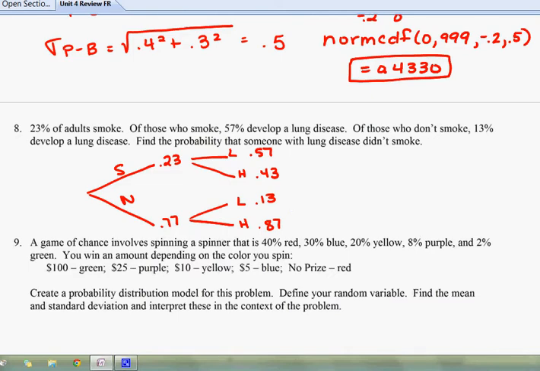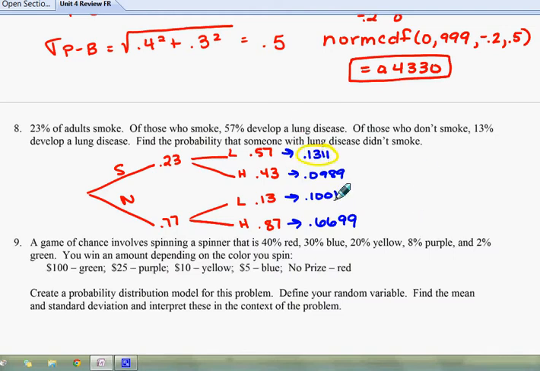And if I go through and multiply these out to find the relative probabilities for each of them for the total population, I have 0.1311, I have 0.0989, I have 0.1001, and I have 0.6699. The problem says find the probability that someone with lung disease did not smoke.